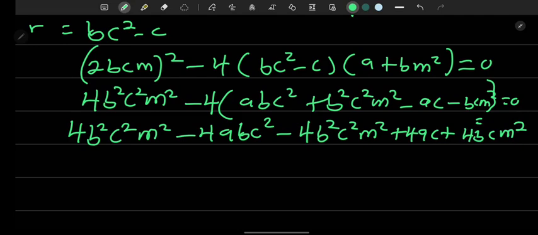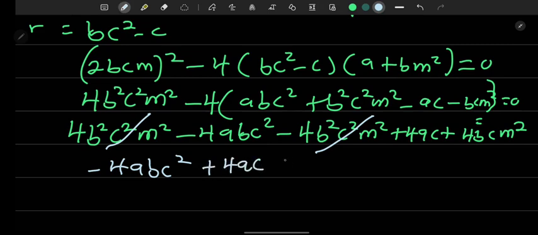So what happens here? Is there any term that cancels out? Yes. You can see we have minus 4b squared c squared m squared and plus 4b squared c squared m squared. So you are left with minus 4abc squared plus 4ac plus 4bcm squared equals 0.